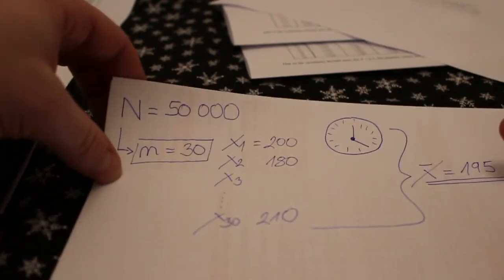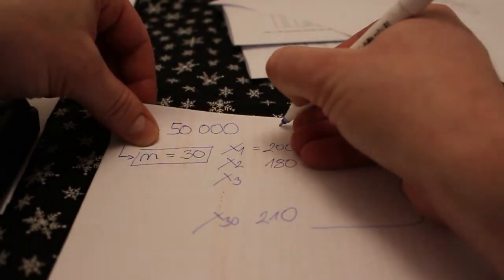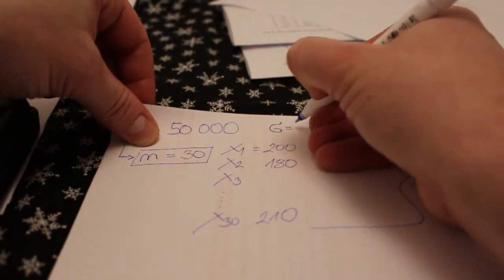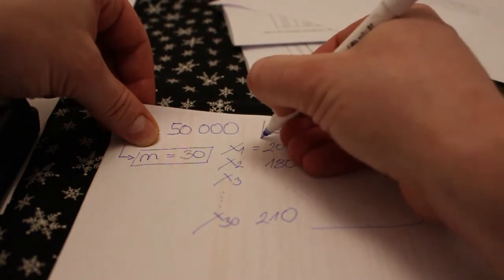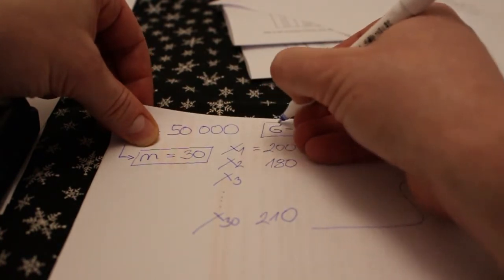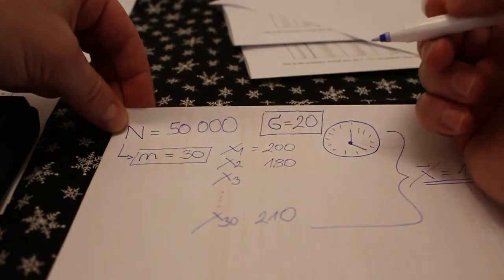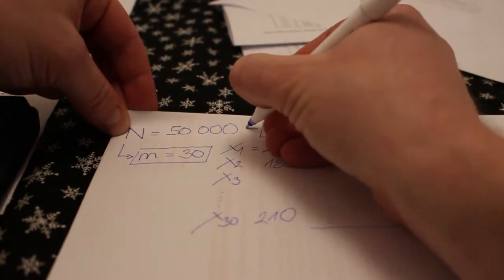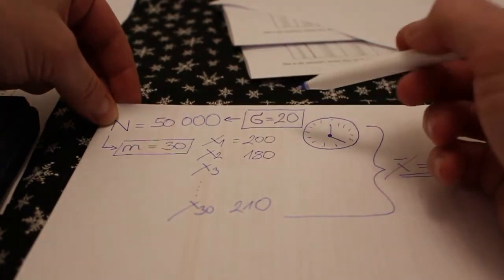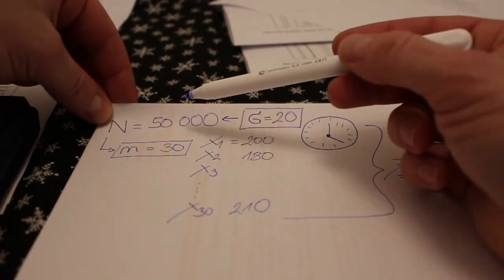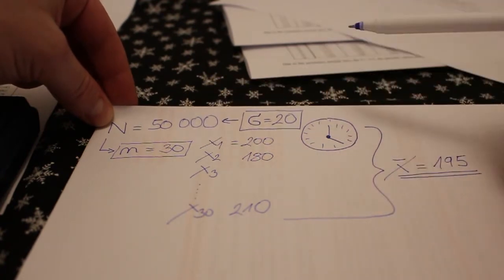So this sigma, which is equal to 20 days, is not connected with this sample of 30 batteries, but this sigma is connected with this population of batteries. It's some measure of quality of these batteries.